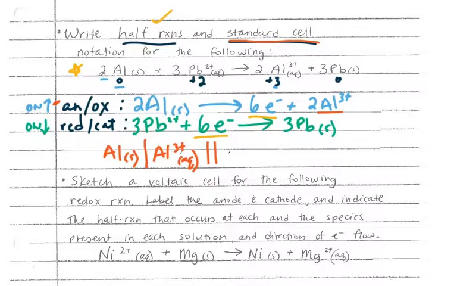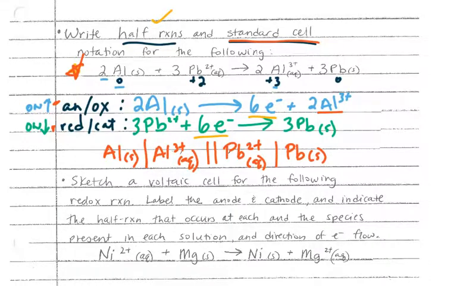Now I'm going to use a double line to represent the salt bridge and separate the anode and cathode. The cathode side is the reduction reaction. In aqueous solution, we have lead ions, and the electrode is solid lead. So that would be the standard cell notation for this galvanic cell or voltaic cell.